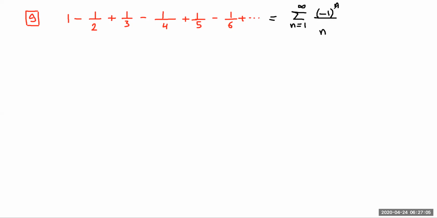If I give n 1, I will have 1 with minus, so let's put here plus. If I give n 2, I will have minus 1 power 3, it's minus over 2, so it's correct.